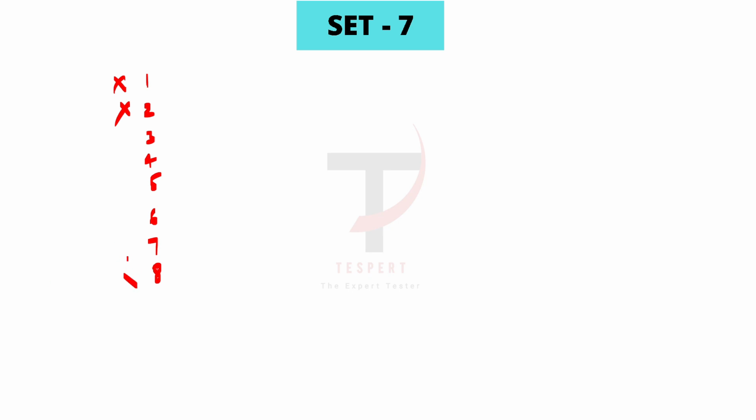So these are the last 4 positions. So F and C must be here, F, C, or C and F. So they must occupy 3rd and 4th positions. This is for sure. Alright, it can be F and C or it can also be C and F.